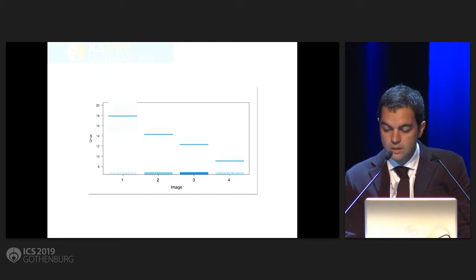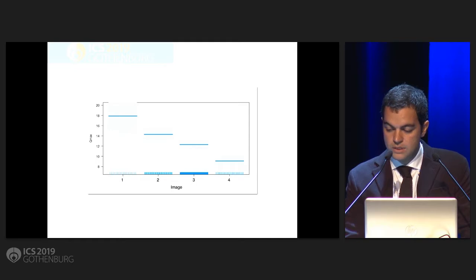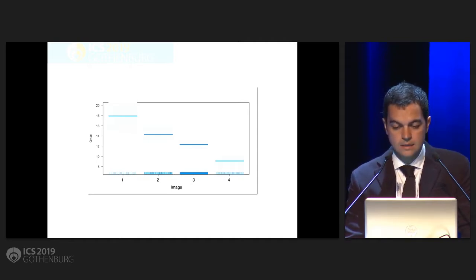Here, for image 1, you have a confidence interval ranging from 14.9 to 21 milliliters per second. For image 2, it goes from 13 to 15.7. For image 3, it goes from 11 to 13 milliliters per second. And image 4 goes from 8 to 10 milliliters per second.